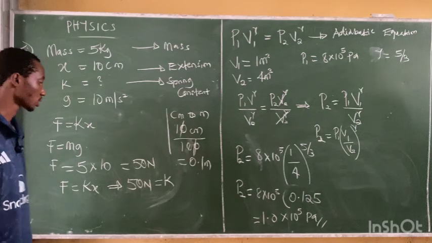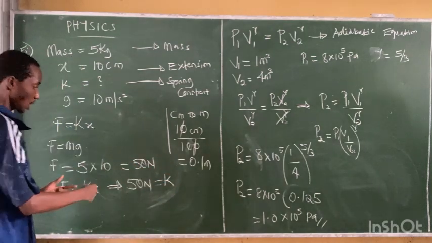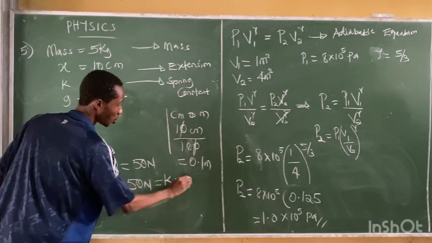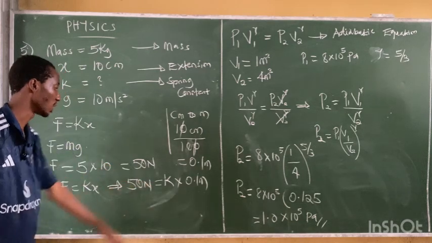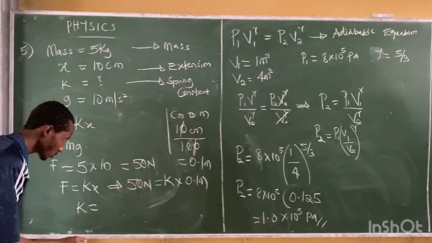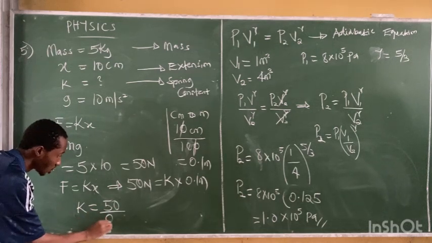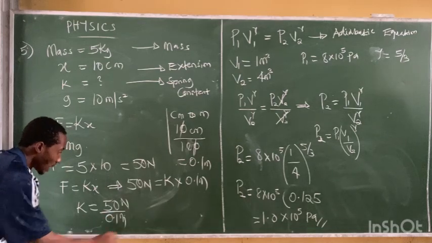We are going to substitute this value now into the place for x. So for x, we have times 0.1 meters. If we make k the subject of the formula, k is equal to 50 divided by 0.1. 50 newtons divided by 0.1 meters.